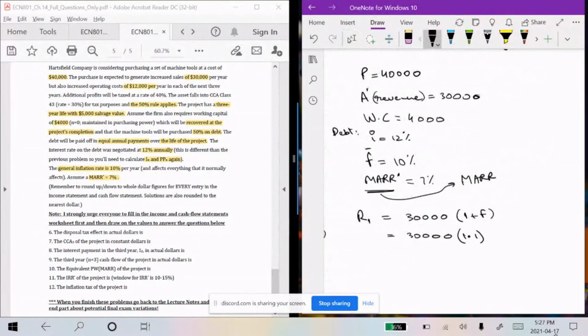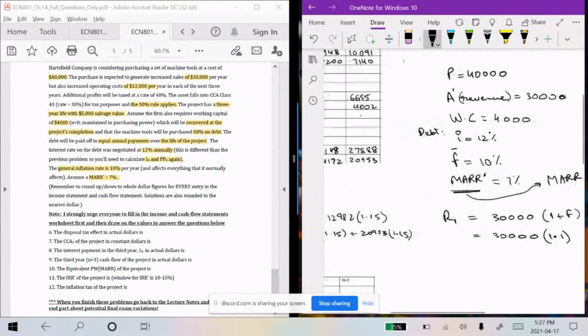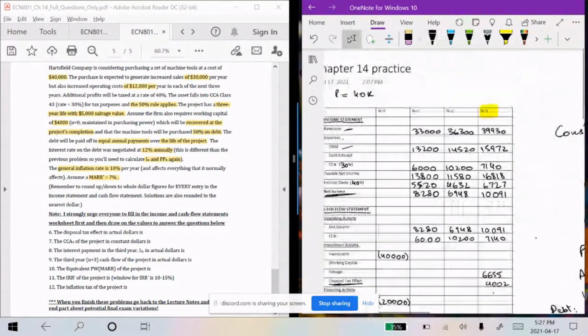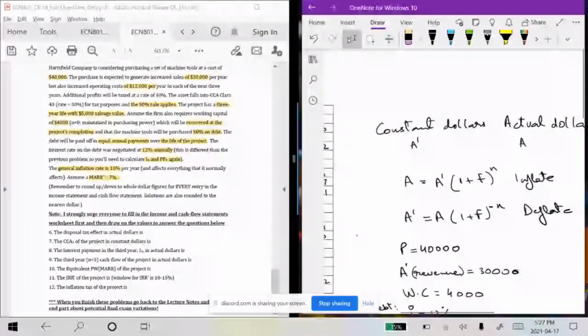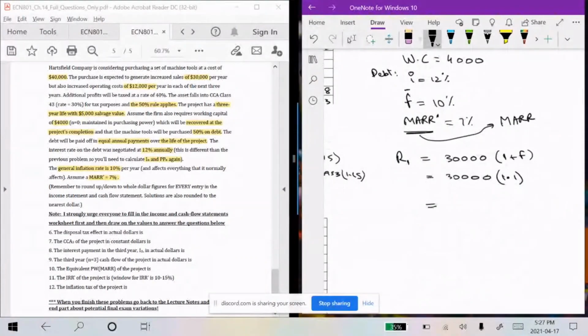It's just one period that we're going forward because n equals 1. You get 30,000 times 1.1, which is 33,000. That is the revenue in actual dollars in the first period.